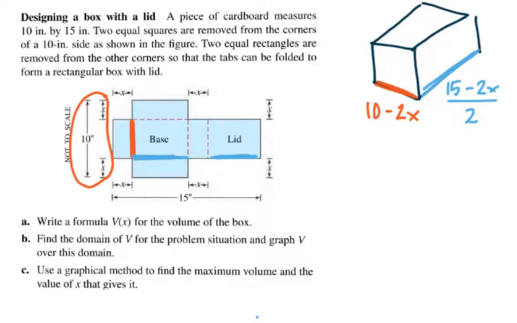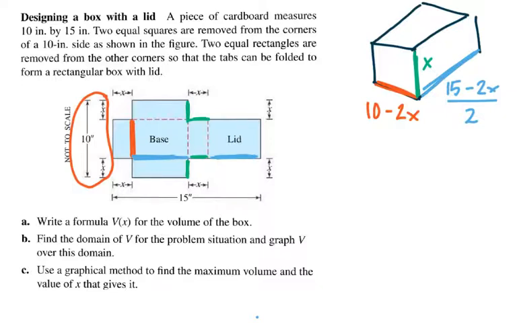And then if we visualize folding this up, we're going to have all of these different heights, right? And so that height in this situation is x. And when you're setting this up, you might not have all of the same variables. This is where some substitution may come into play.